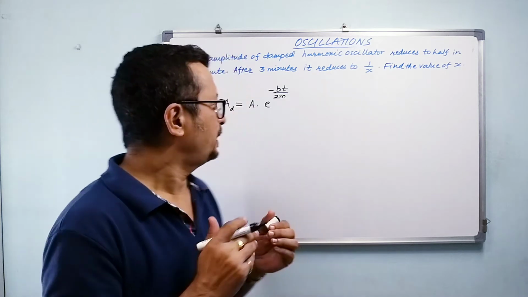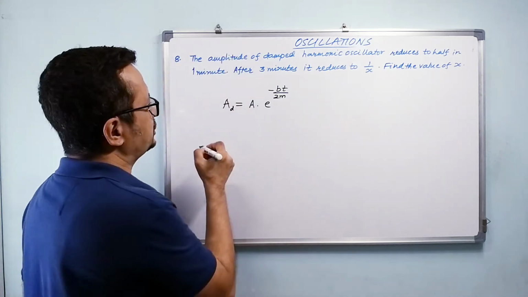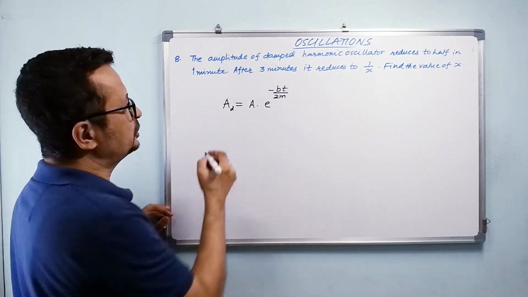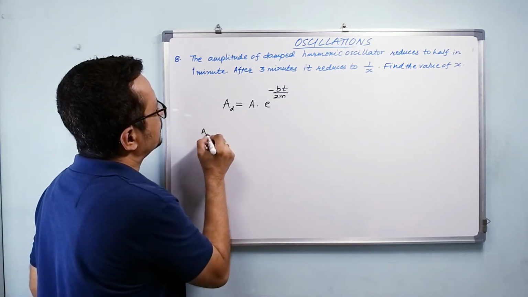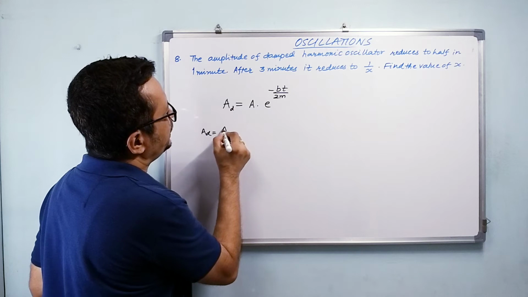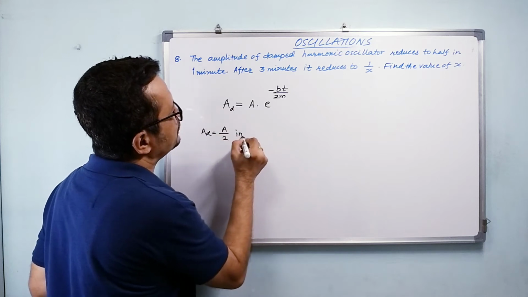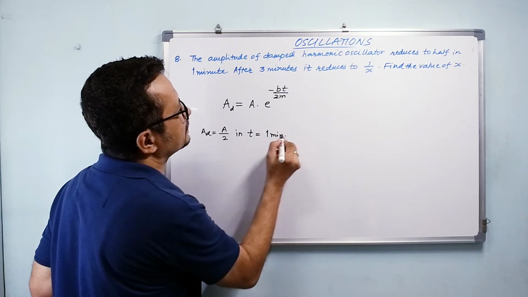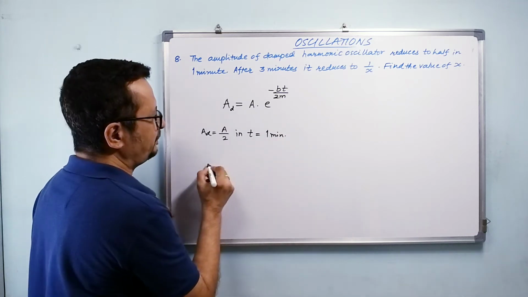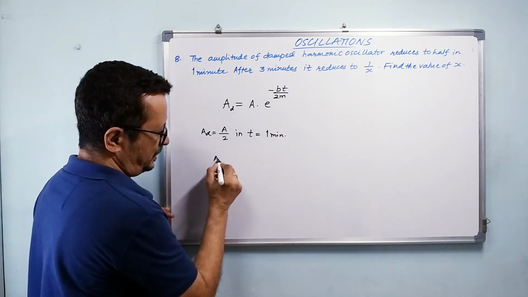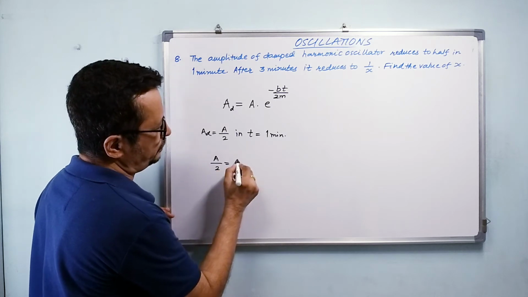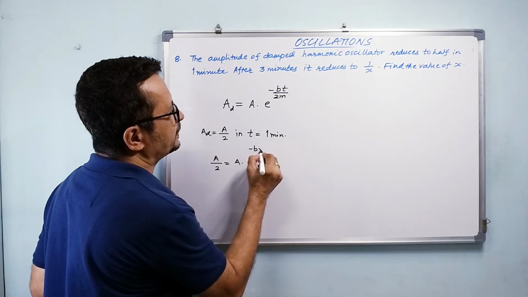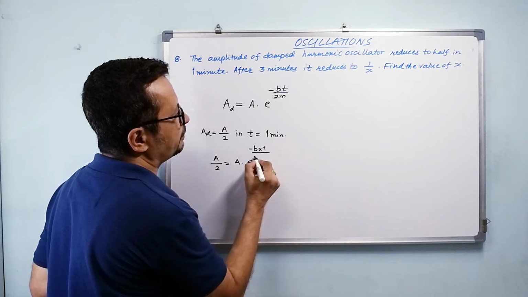Let us substitute the first condition. They say it reduces to half in 1 minute. So my AD is equal to A by 2 at t equal to 1 minute. So A by 2 is equal to A into e raised to minus b into 1 minute upon 2m.